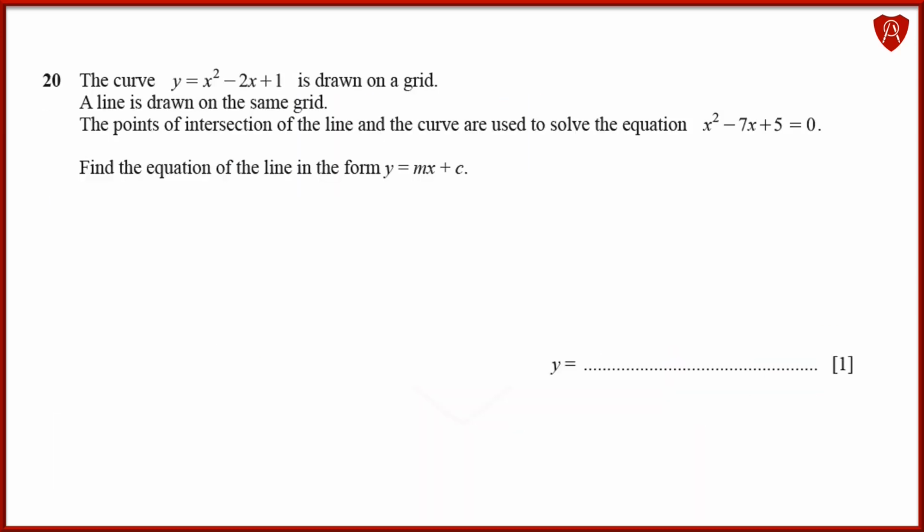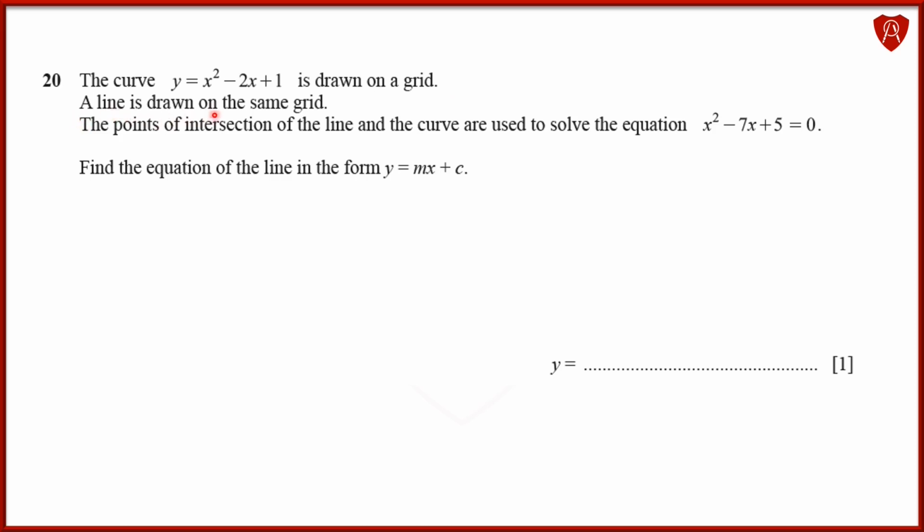Question 20 is about a graphical solution to two equations. One is quadratic, the other one is linear, given by this. The curve y equals x squared minus 2x plus 1 is drawn on a grid.